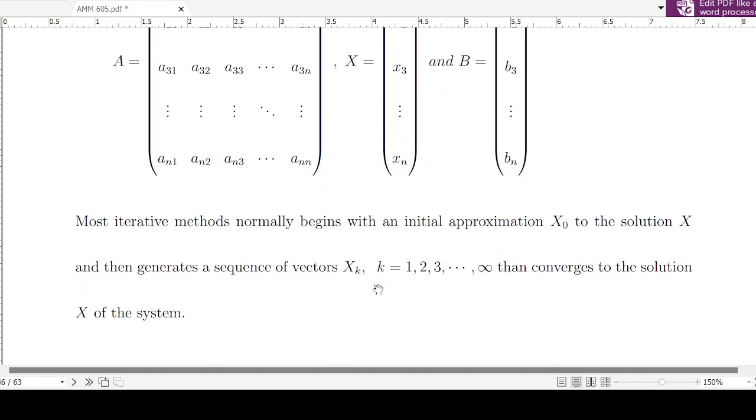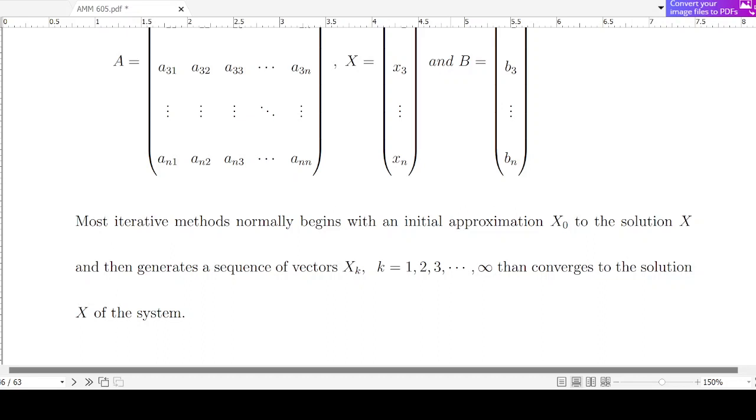Now, when we talk about iterative methods, we are talking about methods that approximate the solution of the system, the approximation methods. These are not direct methods.